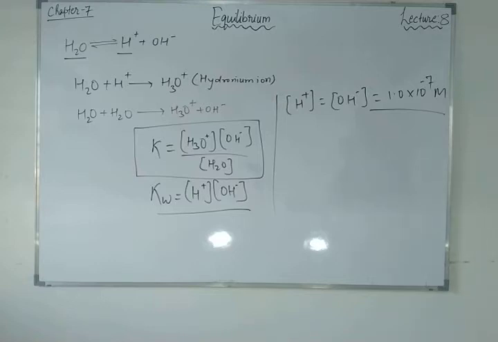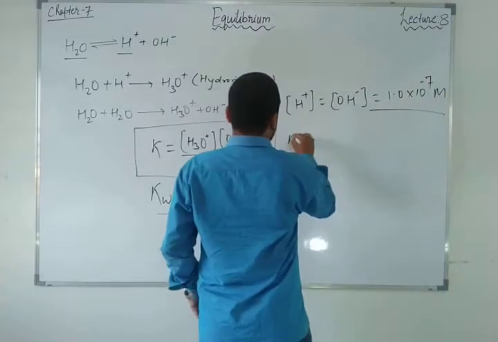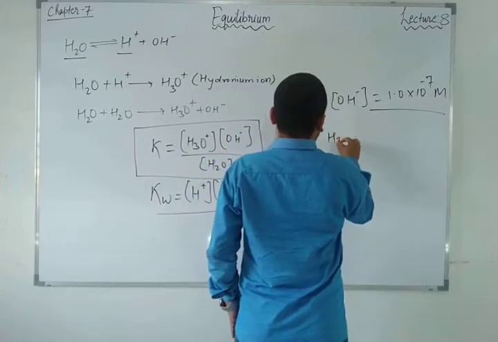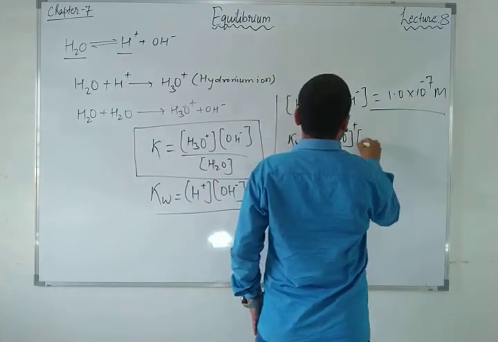So if you want to calculate the ionic product constant of water, Kw, it's very easy. The Kw value will be H3O plus times OH minus.